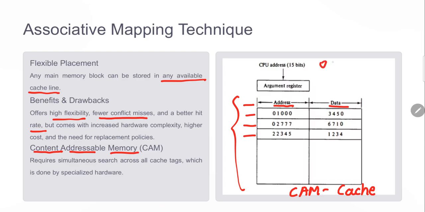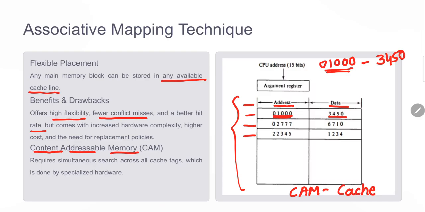Suppose I have 01000, this is my address, a 15-bit address. Again I'm telling you, this is in octal form. At this location I have data 3450, and if I want to store it, I can store it anywhere in the memory. So first I store the address, that is 01000, and then the data, that is 3450.